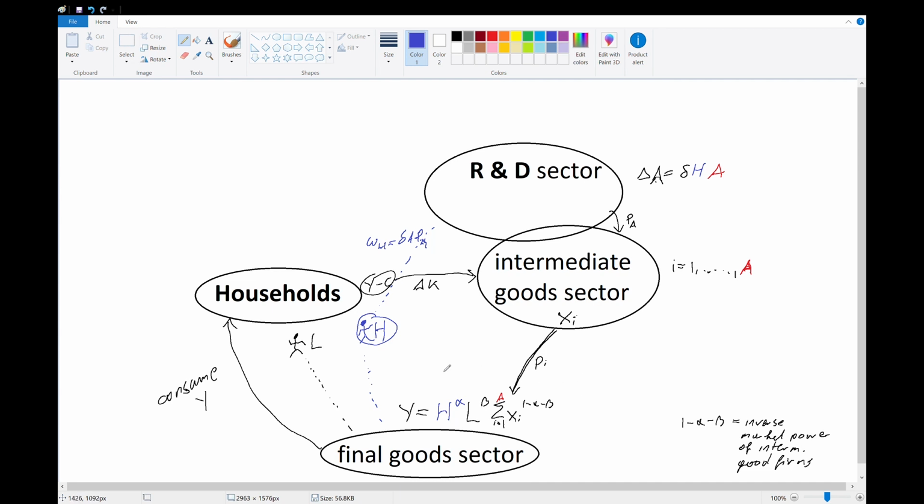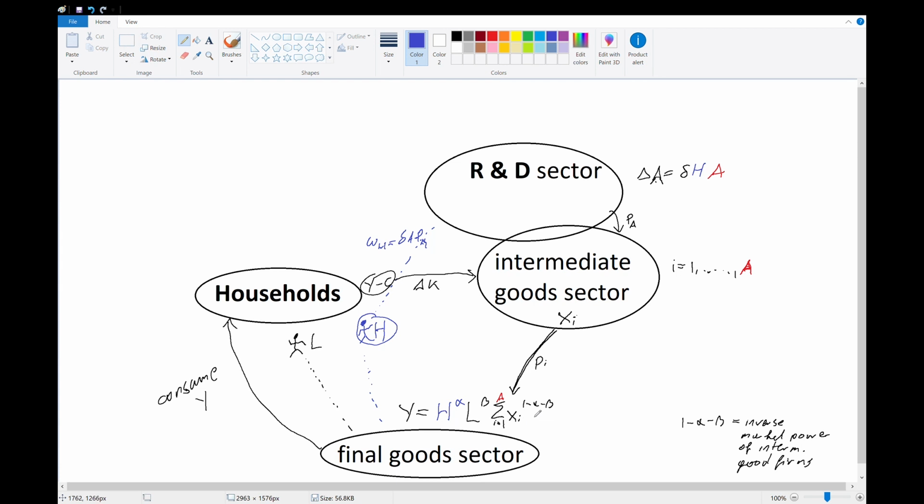And a very interesting production function here for the final goods sector, where different types of capital are not perfect substitutes, and which interestingly is a constant returns to scale production function with respect to human capital, labor, and each variety, so with respect to X, okay, each variety of capital goods.